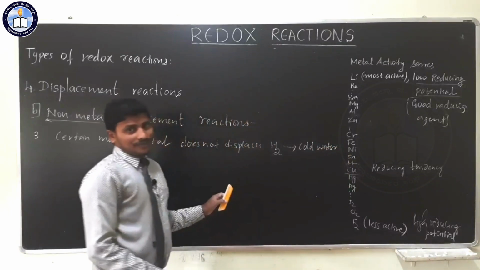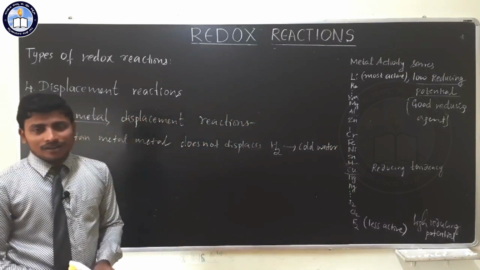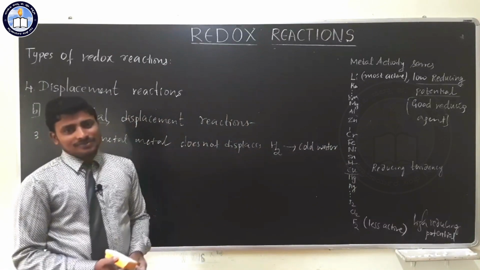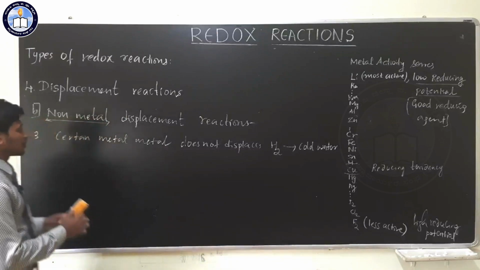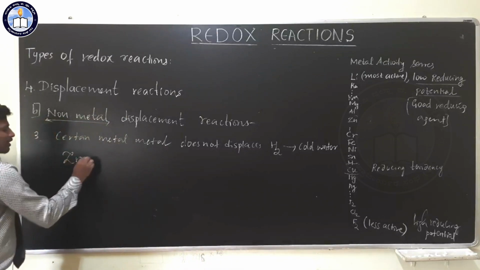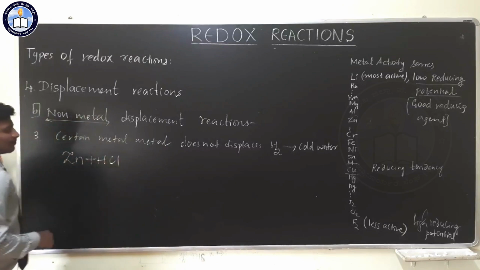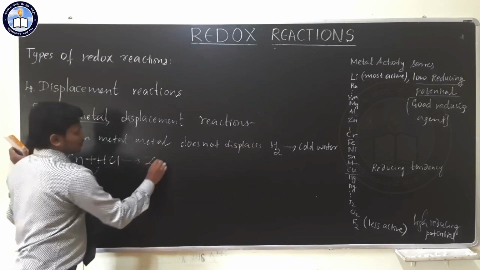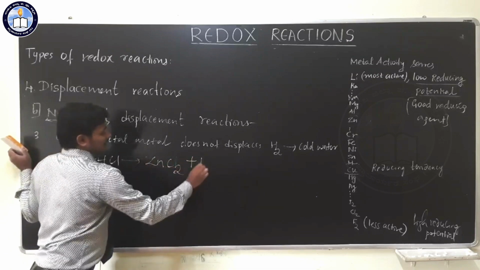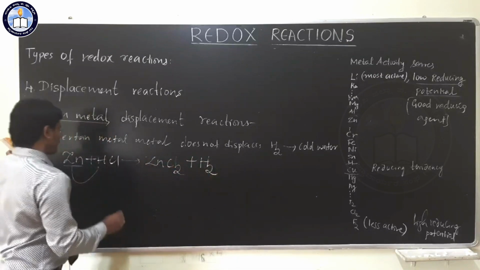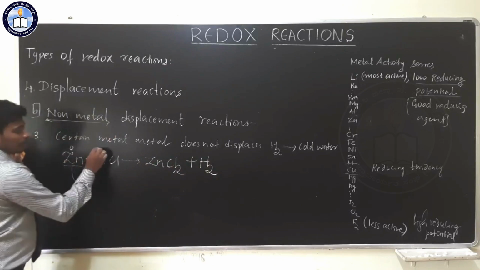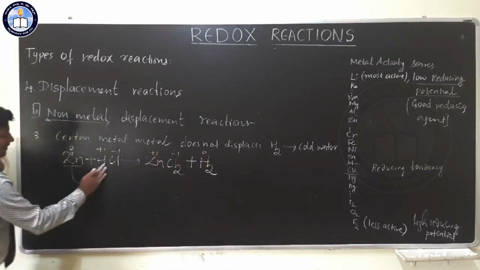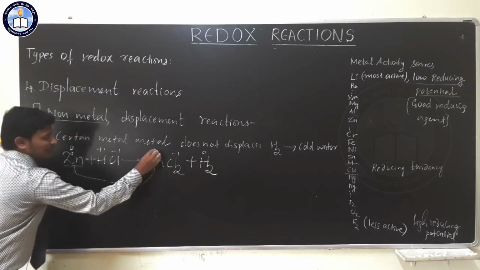But remember one thing, instead of cold water, if I supply dilute acid, then it reacts with the acid. So the example is zinc plus HCl. Zinc displaces hydrogen, and we are getting zinc chloride plus H2 gas. See this one, zinc in oxidation number 0, here +1, -1, and here +2, -1 and 0. You can see that zinc goes from 0 to +2, isn't it? Increase in oxidation number.